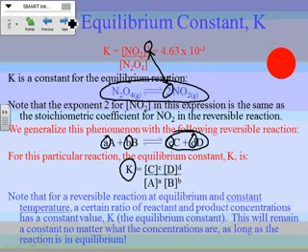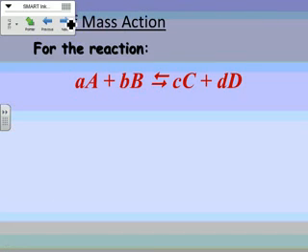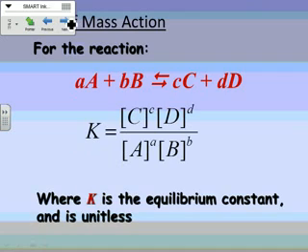Doesn't matter what your concentrations are, that K value is always going to be the same. So if you know your K value, and you know some of your concentrations, you can figure out the concentration of the other ones. Again, law of mass action, this is just restated here, okay? K is the equilibrium constant. It is unitless, all right, because you're going to end up canceling out your units here.